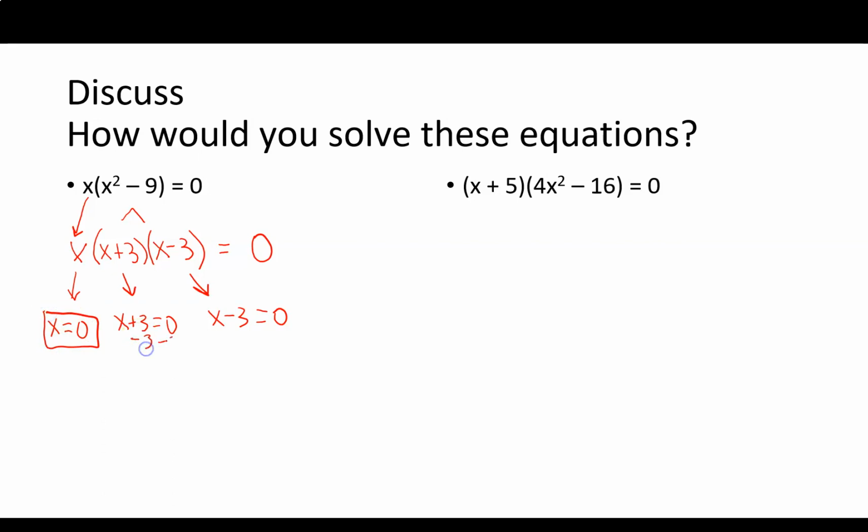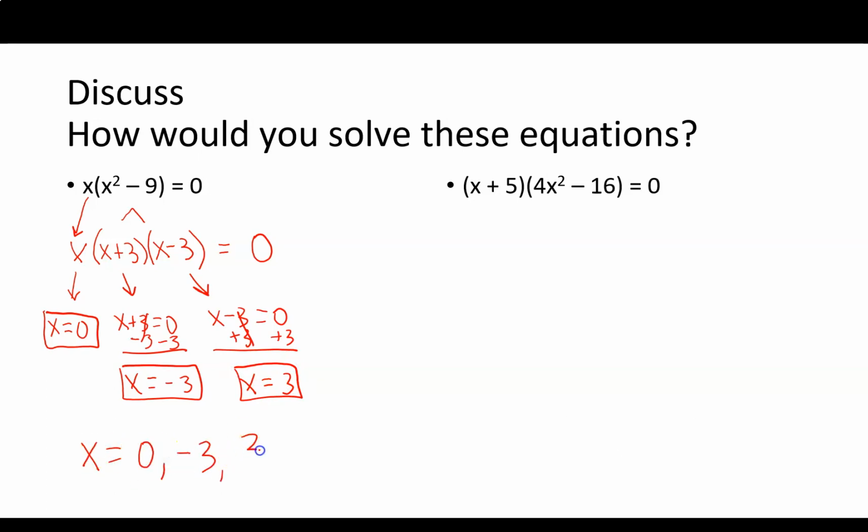Second one, I'm going to subtract 3 from both sides, and x equals negative 3 is a zero. I'm going to add 3 to both sides on this equation, and x equals 3 is a zero. So our solutions are 0, negative 3, and 3. Remember, we call those zeros.